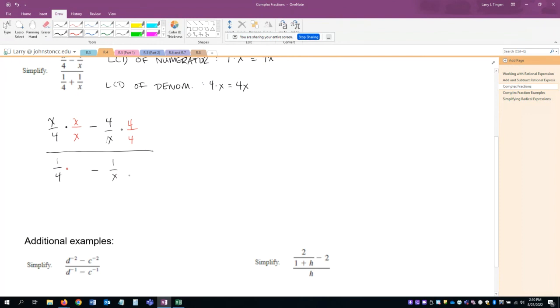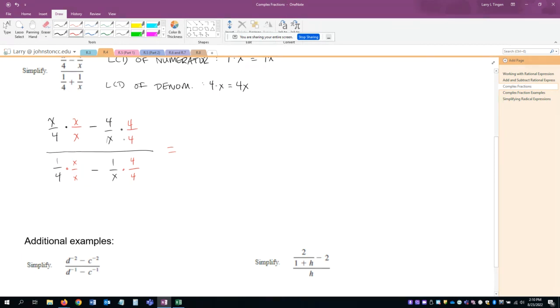The LCD of the numerator is 4x, and the LCD of the denominator is 4x. I have 4, I want 4x, so I multiply the first by x over x. Over here I have x, I want 4x, so I multiply by 4 over 4. What does this do? x times x is x squared over 4x minus, and let's do this all in one step.